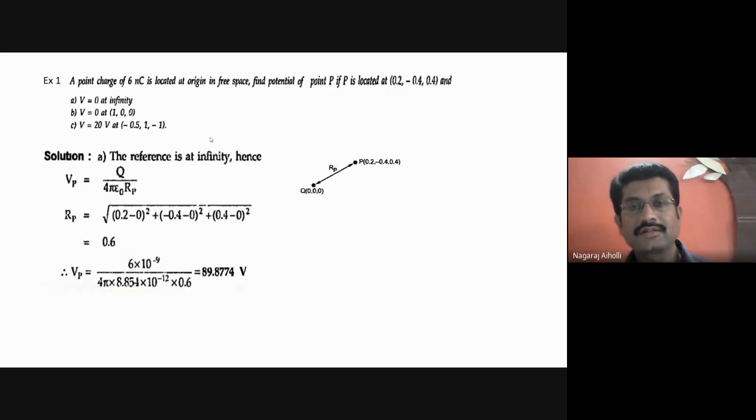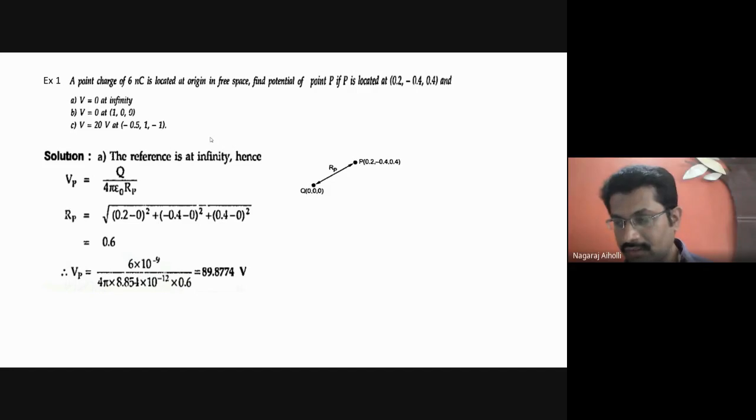Sir, we should take the coordinates as (0, 0, 0). Okay. But the formula given is Q by 4 pi epsilon naught R plus C. What are we supposed to take for R here? We have to take the distance. Again, the distance vector we have to take from the given coordinate; R is the reference point now. They have given (1, 0, 0). From that, how much is the distance to the origin?